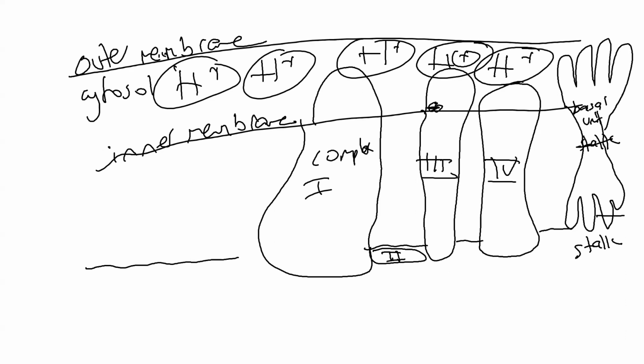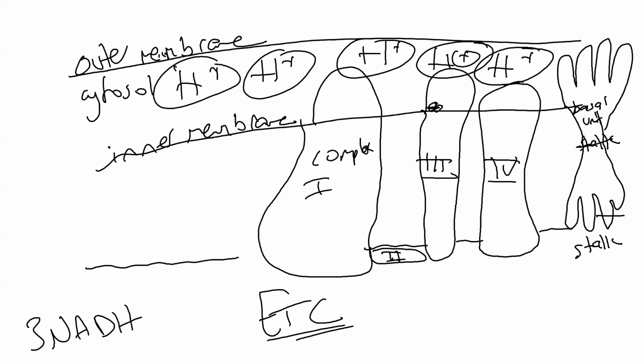So this is the ETC, or the electron transport chain. How do electrons start? Let's say we end up with 3 NADH and 1 FADH2.